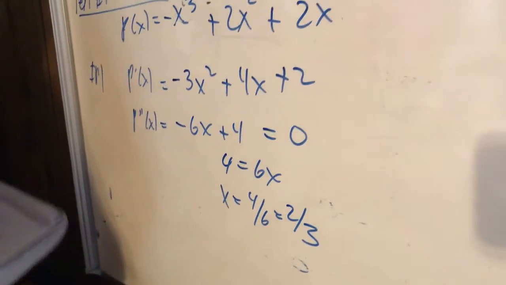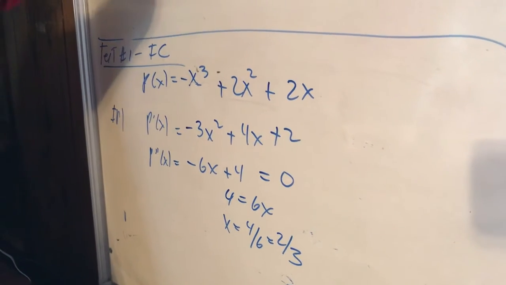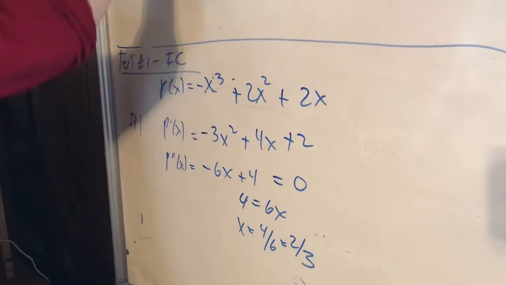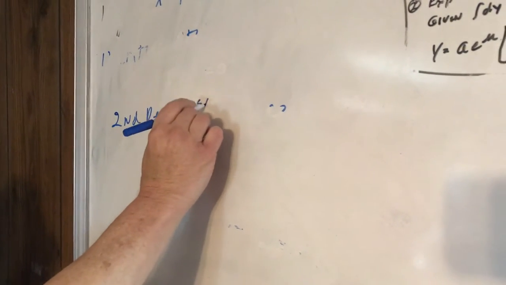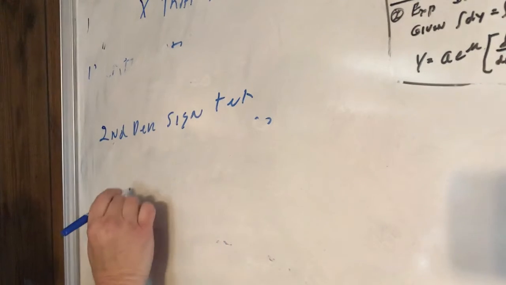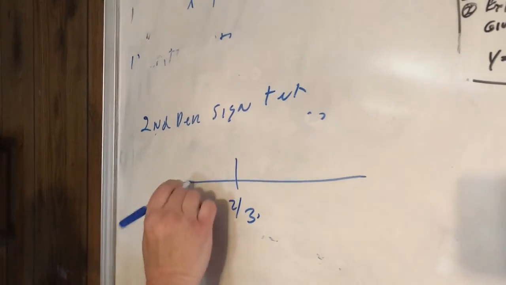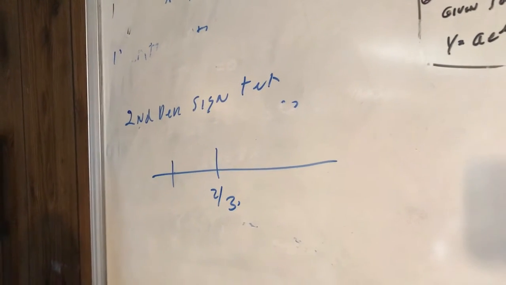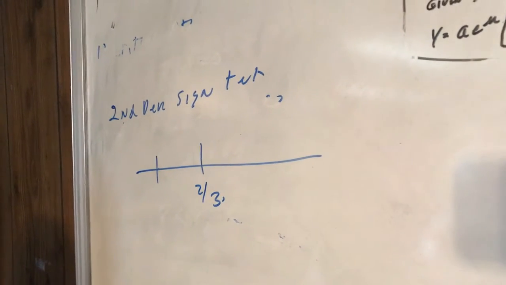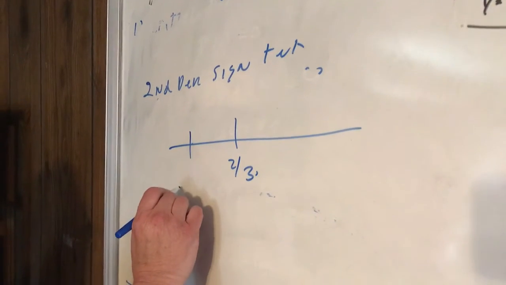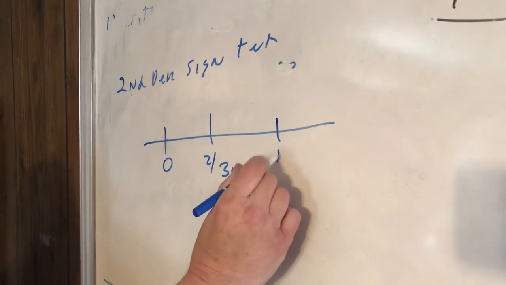Now, is that an inflection point? We have to use our second derivative sign test. So we put the point here. I could take 0 in this case, that would be less than the point, and I could take 1 here.